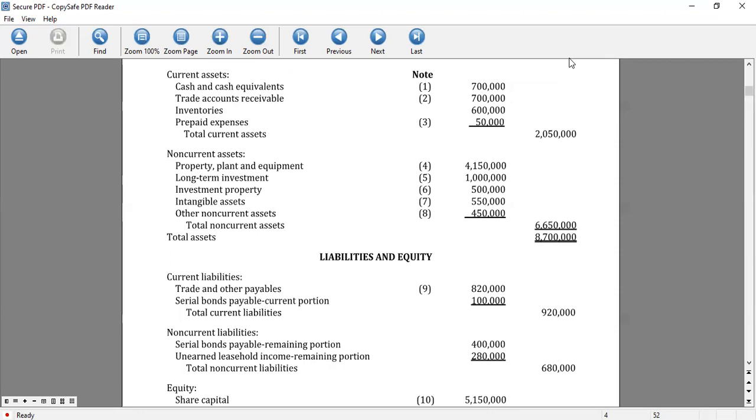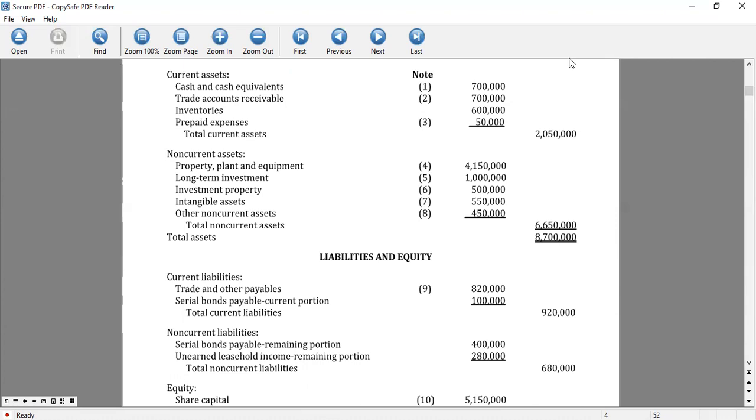Then we add the non-current assets: property, plant, and equipment with the corresponding notes, long-term investment, investment property, intangible assets, and other non-current assets. So the total of the non-current assets added to the current assets gives total assets of 8,700,000.